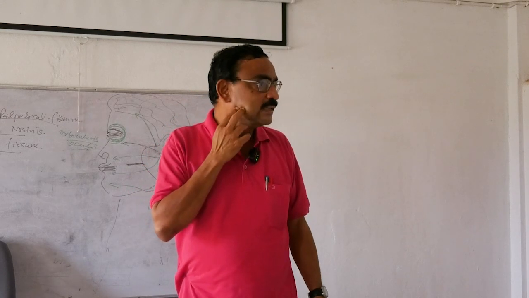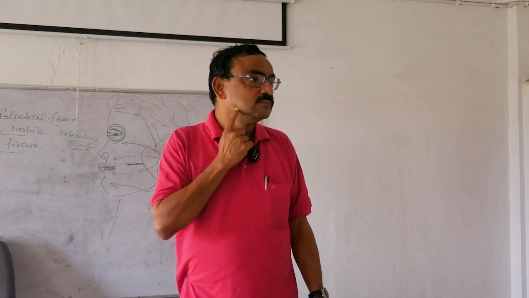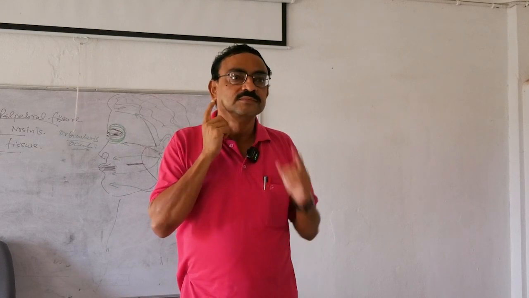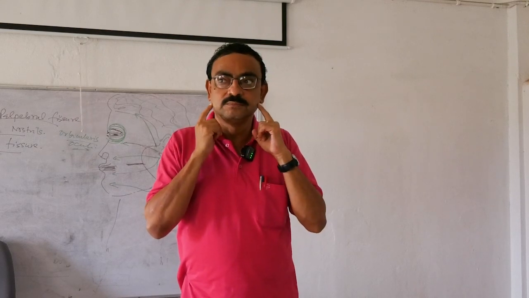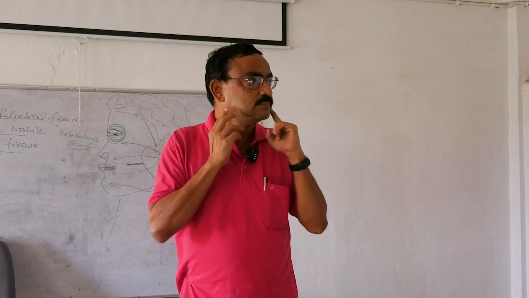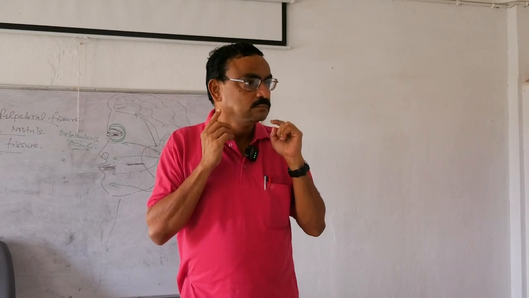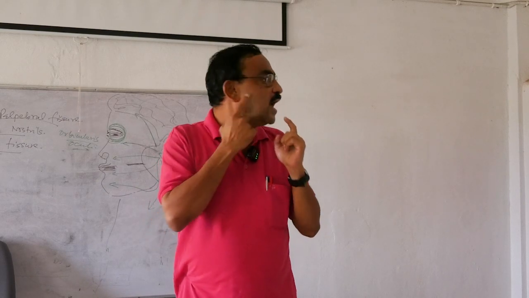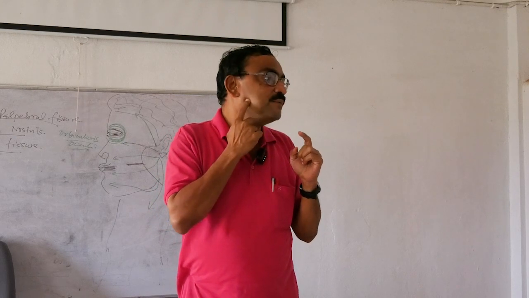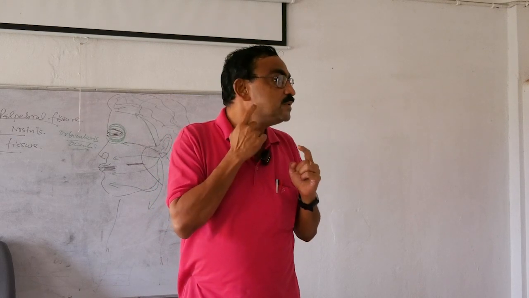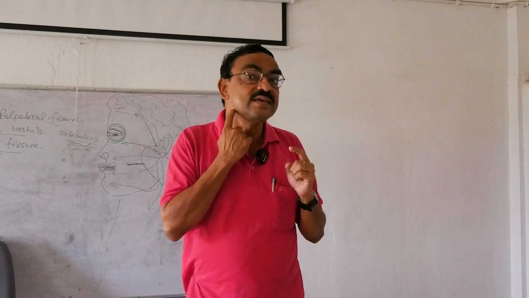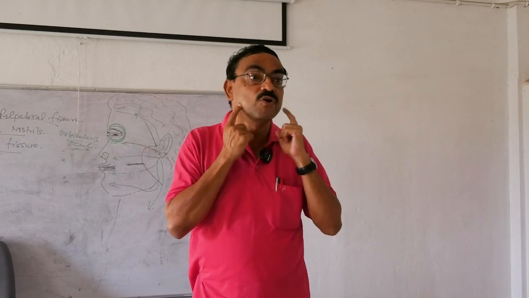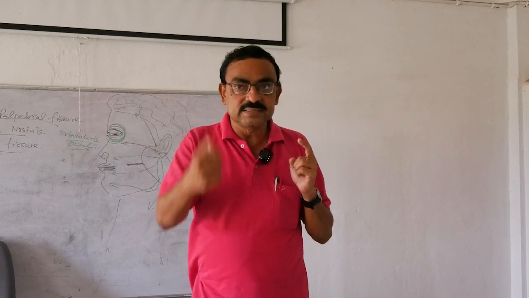When you are very much angry, we can see here you clench your teeth sometimes, and this muscle becomes visible. That is, this muscle is called masseter.